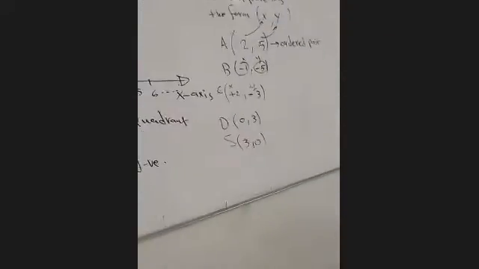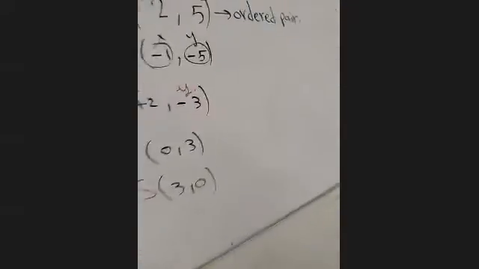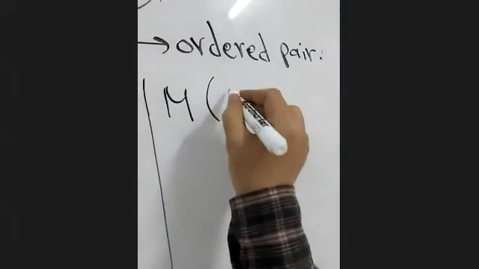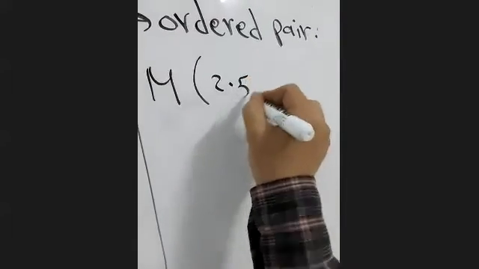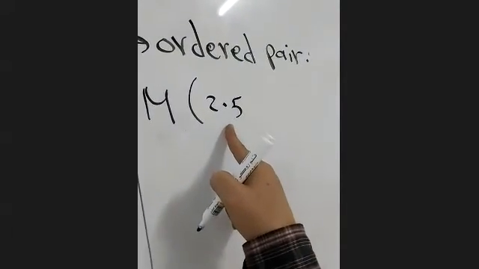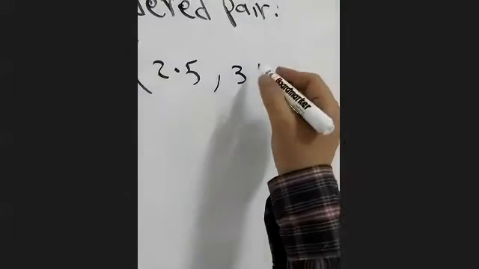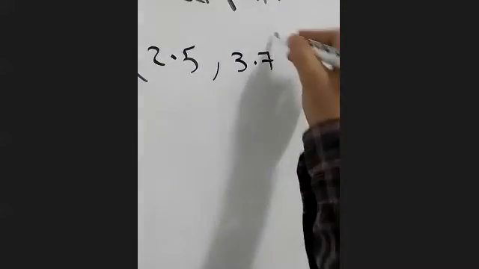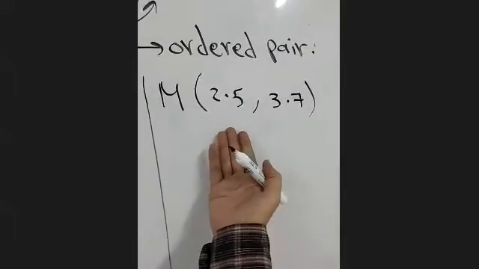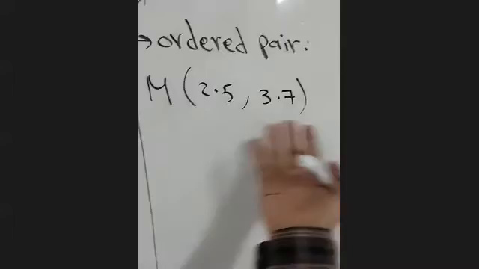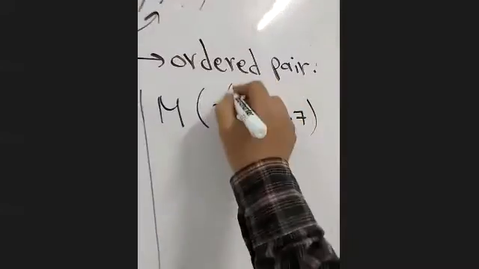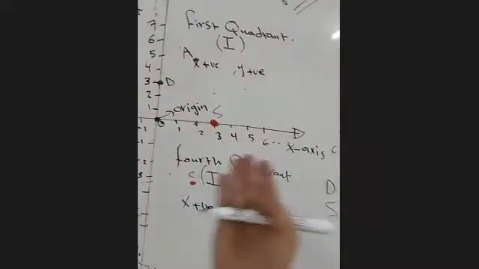Now, for example, wait a second. For example, if I have M, 2.5 a rational number, and 3.7. Look here, guys, 2.5 and 3.7. Focus. This is X, this is Y. We will go here. Do we have 2.5? No, we don't.